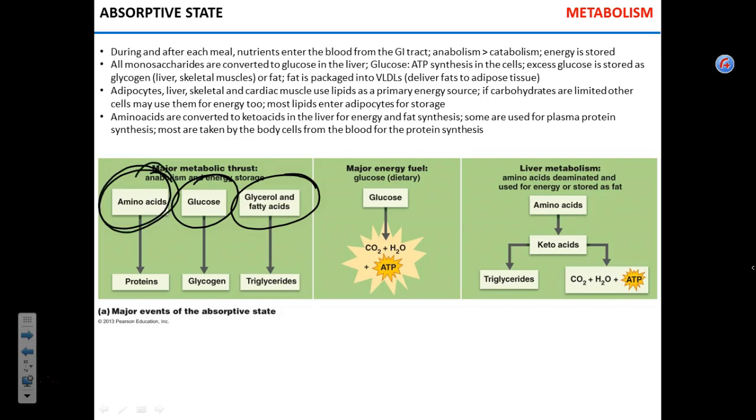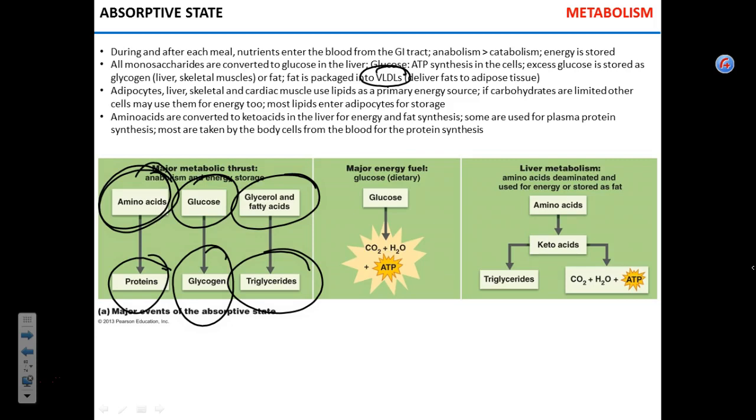Amino acids will be anabolized to proteins. They will be used to make proteins. Glucose goes to ATP, but then glycogen. Free fatty acids and glycerol are used to make triglycerides. Does that make sense? Fat will become VLDL, so fat will go to adipose tissue.